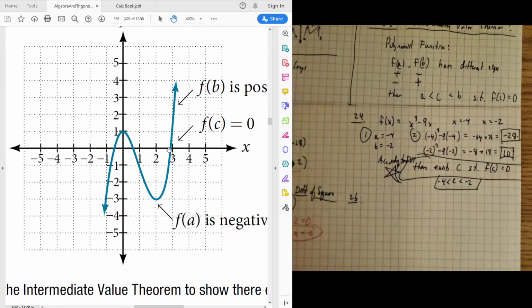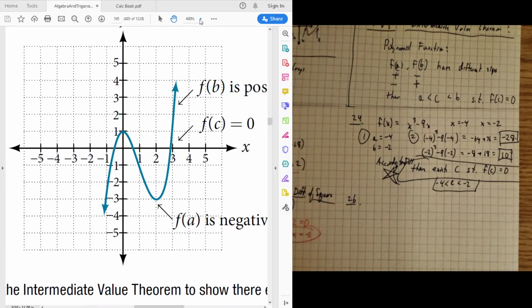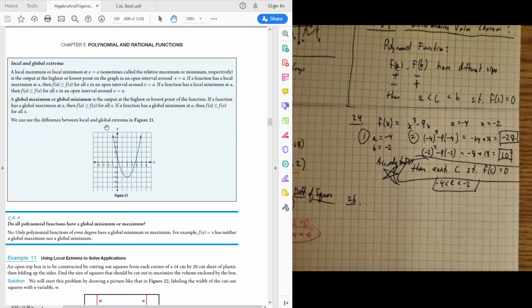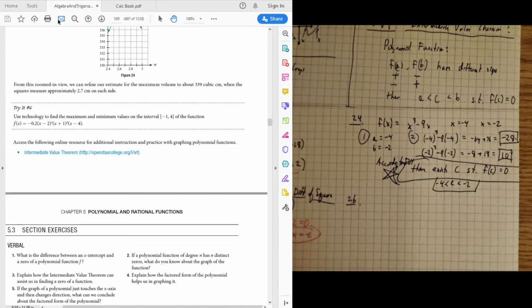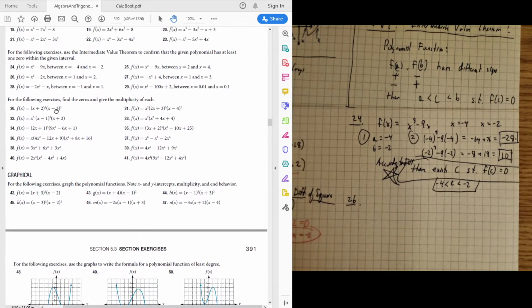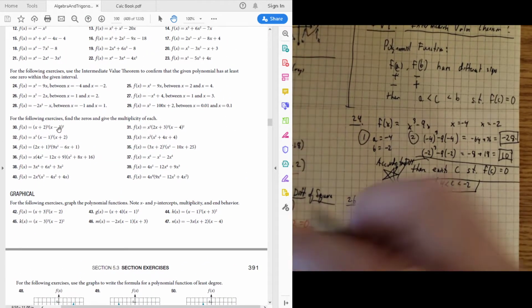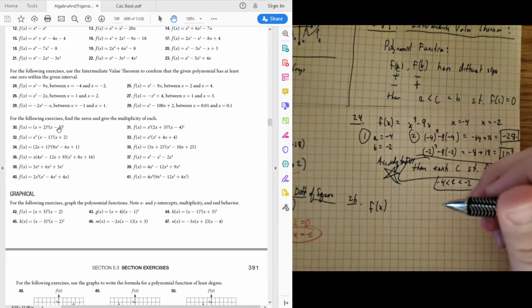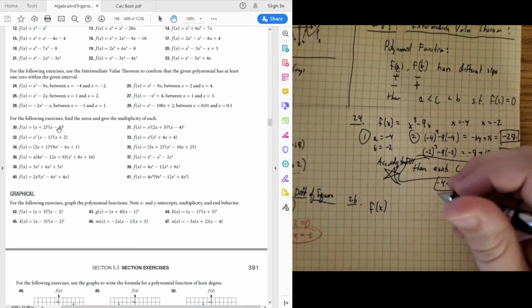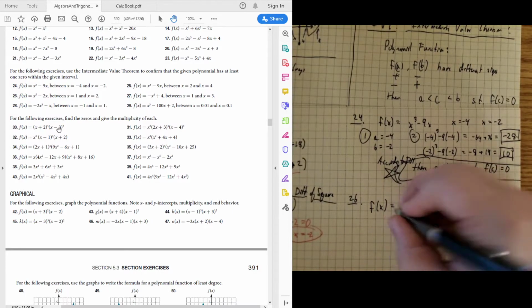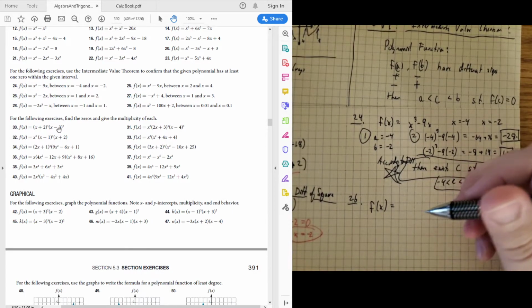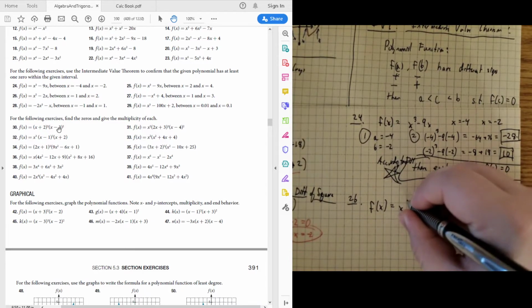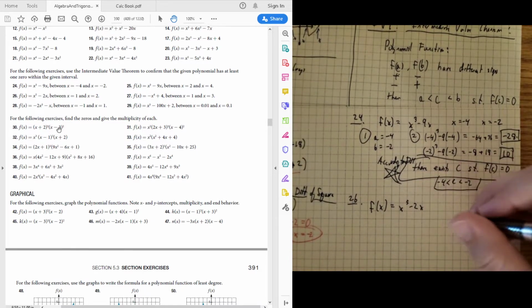Let's reinforce the point. Let's look at 26. Going back to our homework. Okay. It says f of x equals x to the fifth minus 2x.